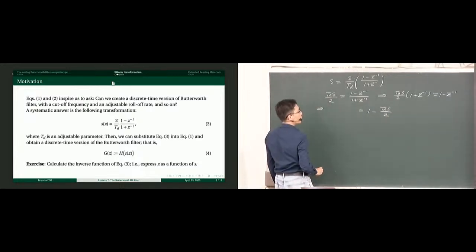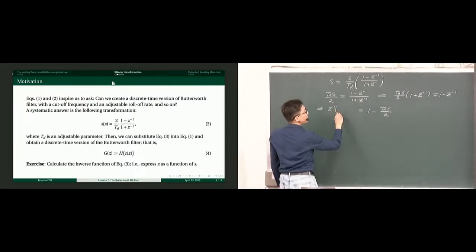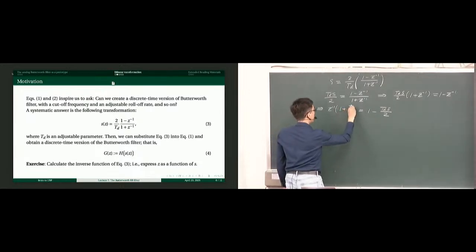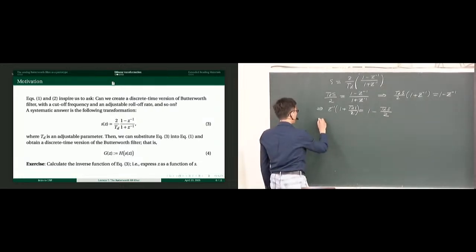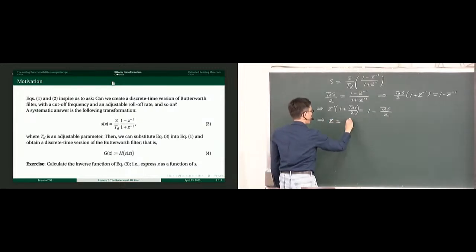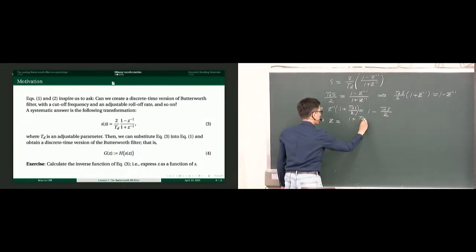On the left, we have z inverse times (1 plus T_d s divided by 2). So we are almost there. Therefore, z is (1 plus T_d s divided by 2) divided by (1 minus the same thing).